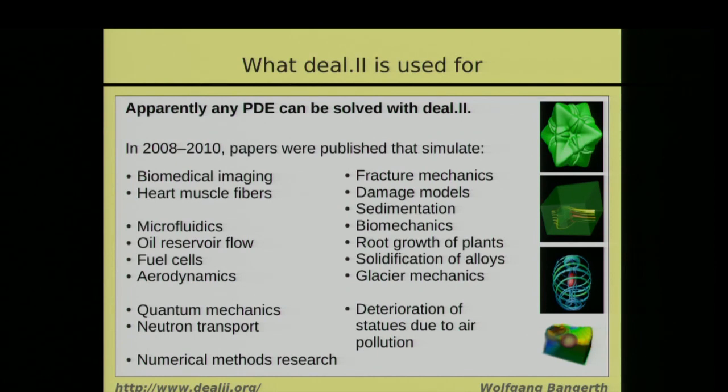But then there are many more people in, let's say, solid mechanics that do fracture mechanics, damage models, sedimentation, biomechanics, root growth of plants, solidification of alloys, glacial mechanics, whatever you can think of. One of the more interesting studies that I found was that somebody simulated how statues in Rome decay due to air pollution. So you see the wide range of problems that people solve with this software.